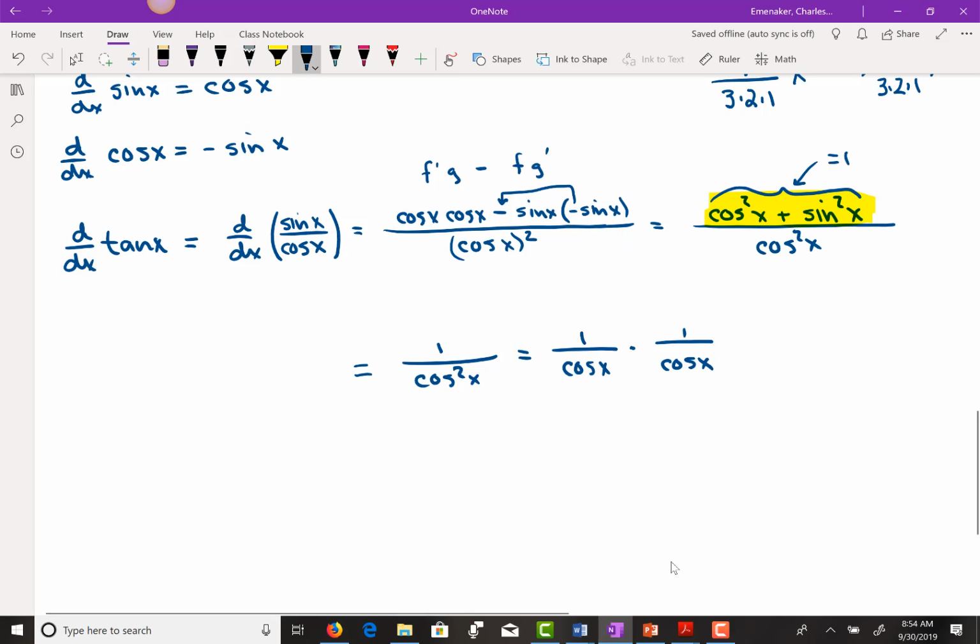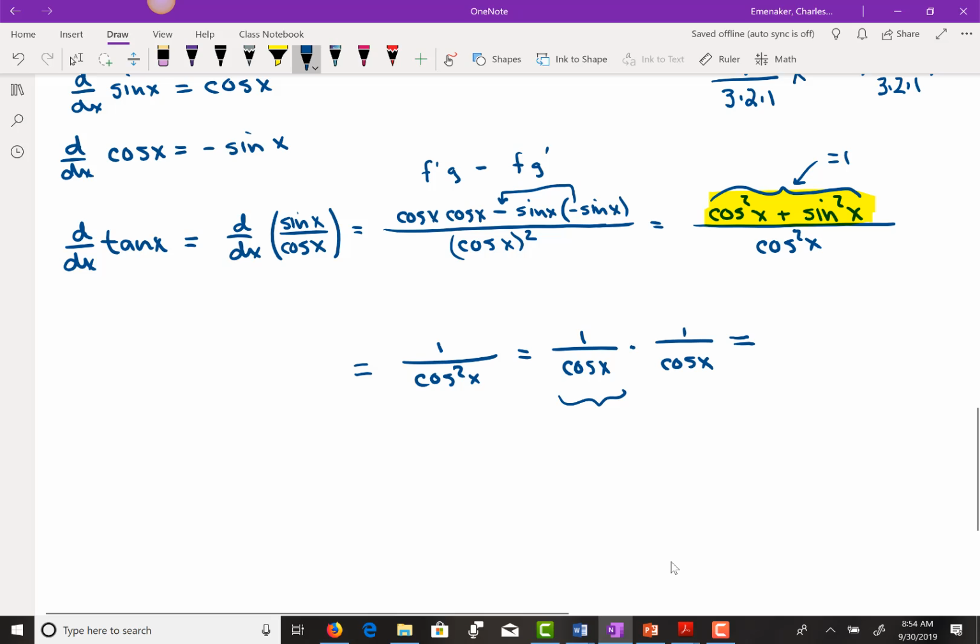Nothing big and tricky there. But what's 1 over cosine? If you just looked at one of these, what's 1 over cosine? What function is that? Seek it and you shall find it. Secant, isn't it?